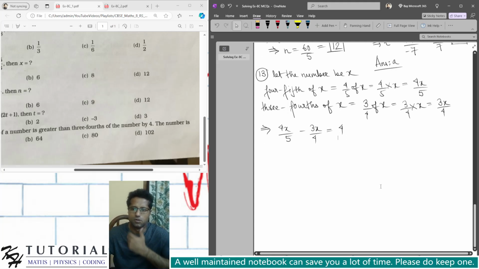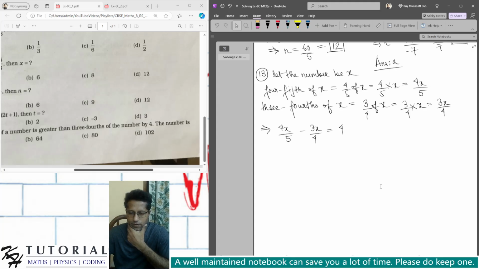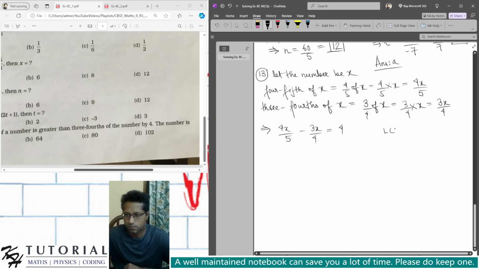Okay. So now we see that the LHS has rational terms having the variable, and the denominators of the rational terms are 5 and 4. So we would like to multiply both the LHS and RHS by the LCM of 4 and 5, which is equal to 20.